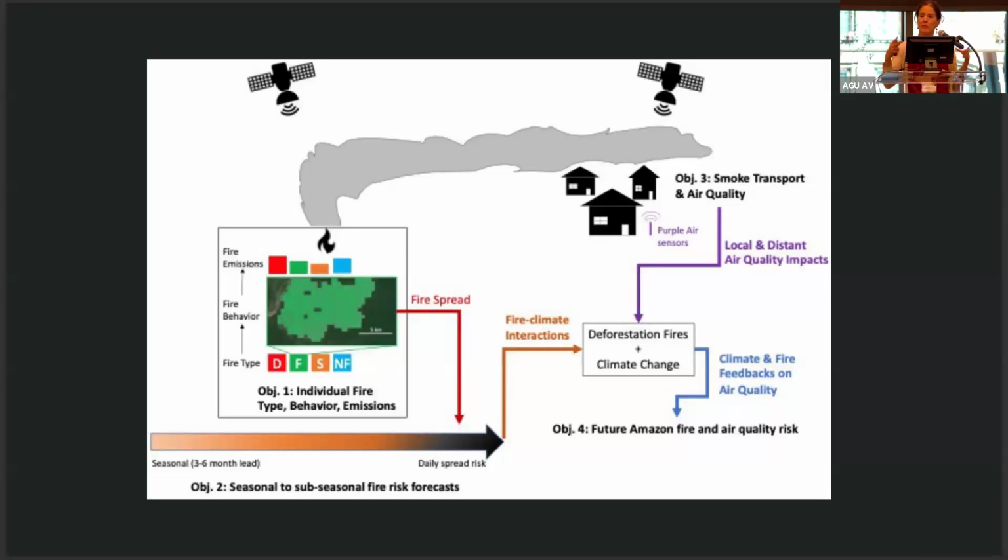So getting away from hot pixels and actually looking at individual fire events, looking at fire behavior, looking at the fire line and where it might be going. So these daily projections can help with fire management and look at emissions across space.